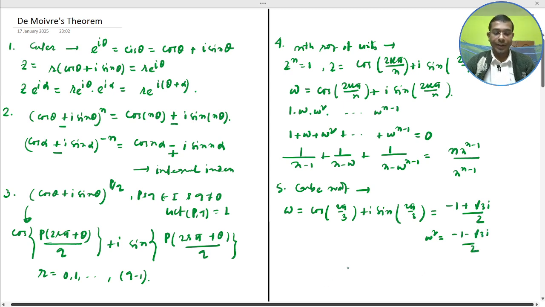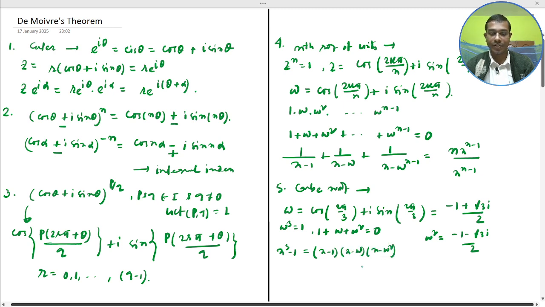So the results involving the cube root of unity are important: omega cube equals 1 and 1 plus omega plus omega square equals 0. Also x cube minus 1 is written as (x minus 1)(x minus omega)(x minus omega square), and omega and omega square are the roots of the equation x square plus x plus 1 equals 0.